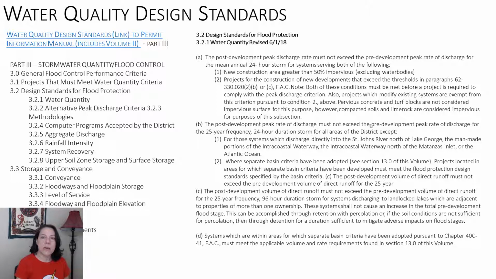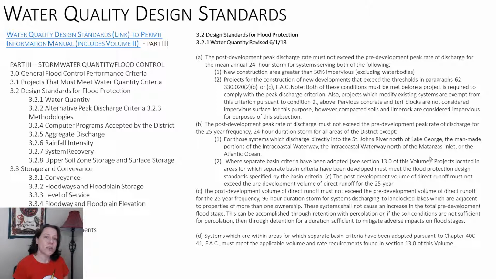So here's part 3. If you look at it, we basically see that we have to meet the annual peak discharge for pre and post, and we can't have more than that. There's other bits of information that we have to follow, but in general, we have the mean annual that we have to abide by, pre and post peak development. We have the post-peak development discharge rate can't exceed pre-development for the 25-year 24-hour storm event.